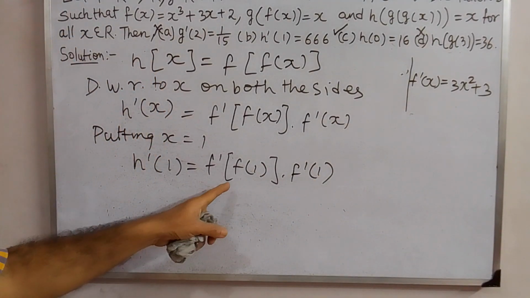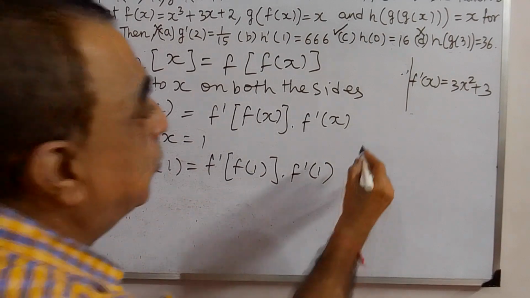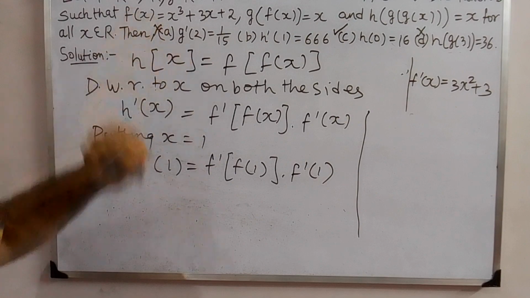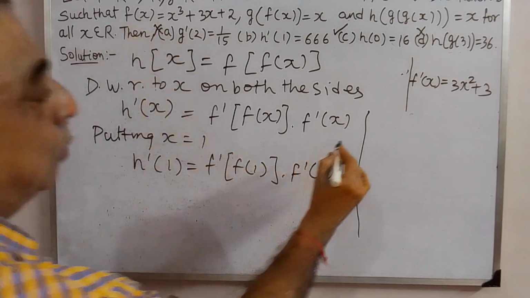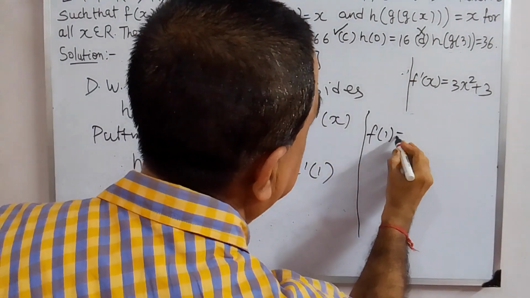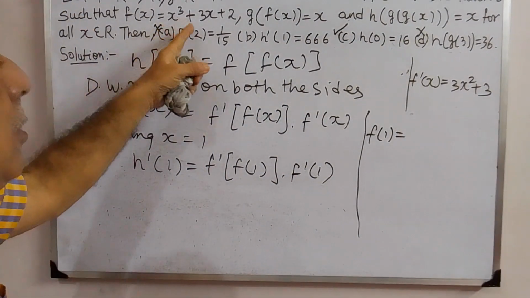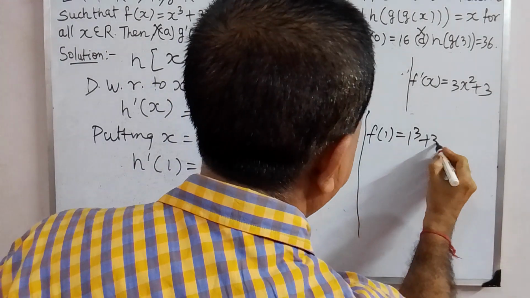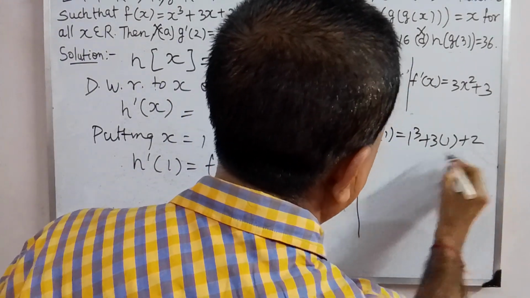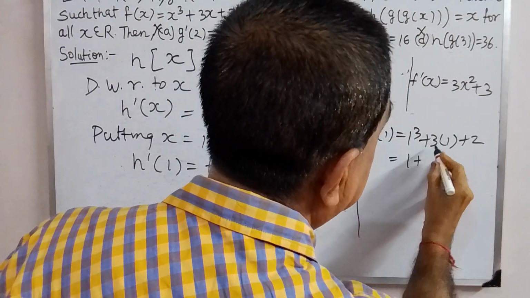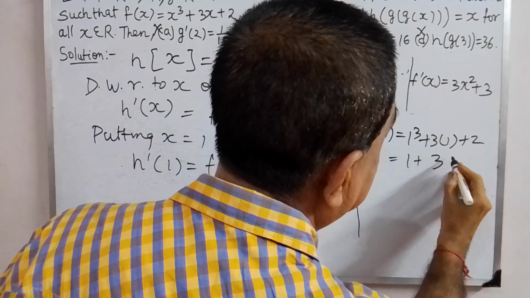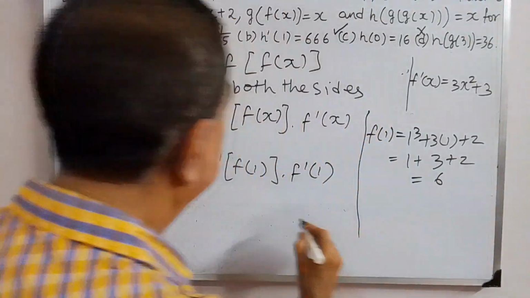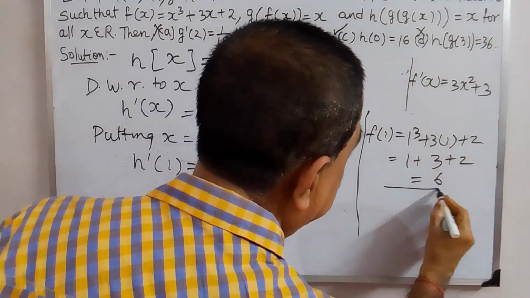Now f1 means what? f1 means the value of the function fx when x is equal to 1. So in place of x we will put 1. This will become 1 cube plus 3 into 1 plus 2. So 1 cube is 1, plus 3 into 1 is 3, plus 2. 1 plus 3 is 4, plus 2 is 6. So f1 value we have got is 6.